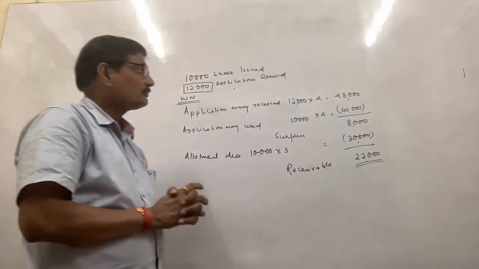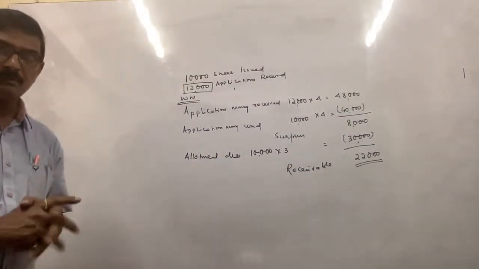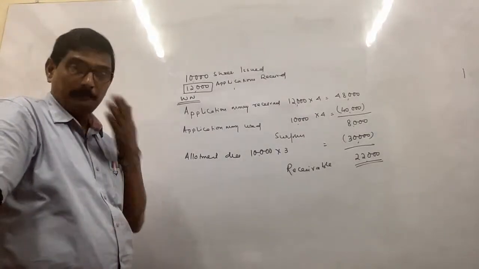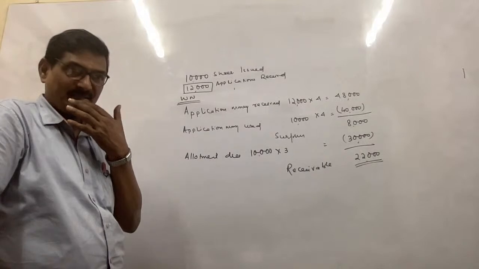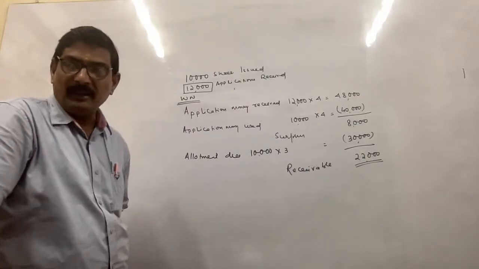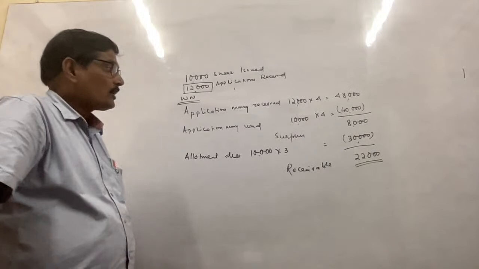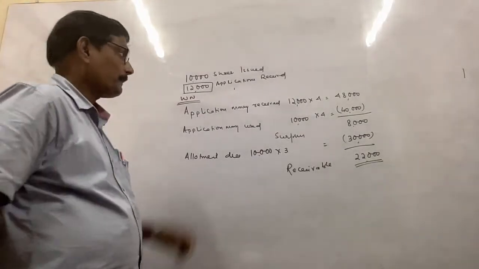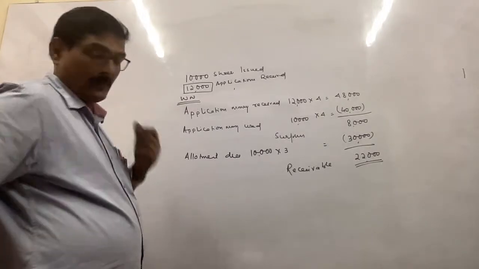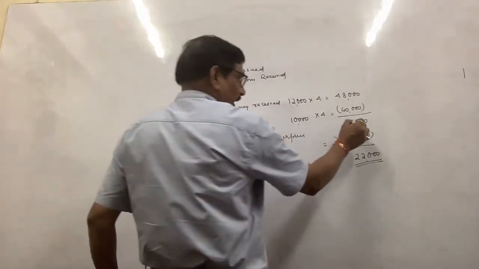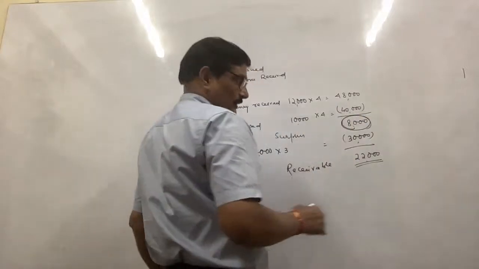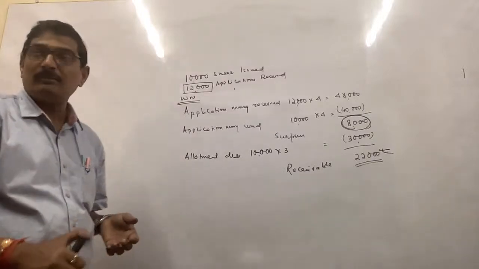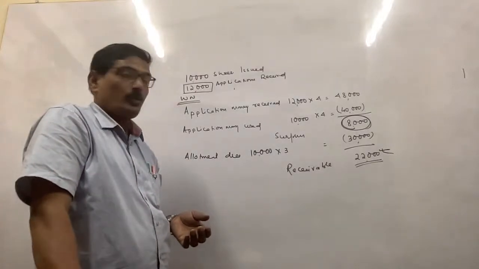Write down: for allotment money received, bank account debited 22,000. Here we have already received 8,000 rupees. The calculation shows that receivable is 22,000. So bank account debited to share allotment 22,000.